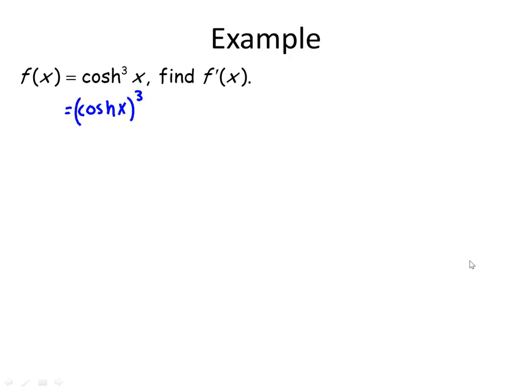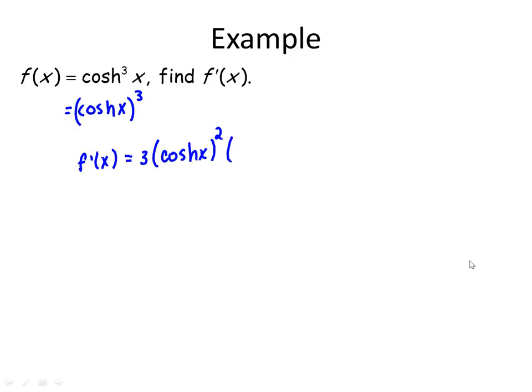Now, do you know how to do the chain rule on that? Chain rule says what? Take the 3 and do what with it? Bring it down front. Do I mess with cos x right now? No, I'm not messing with cos x right now. What do I do with the exponent of 3? Lessen it by 1. That's just straight up derivative, right? Now, what do I have to do? Times the derivative of what's inside.